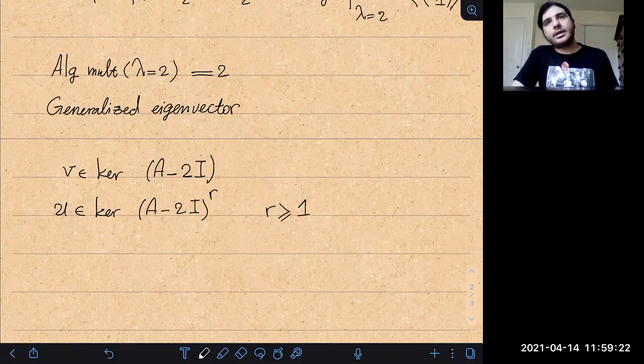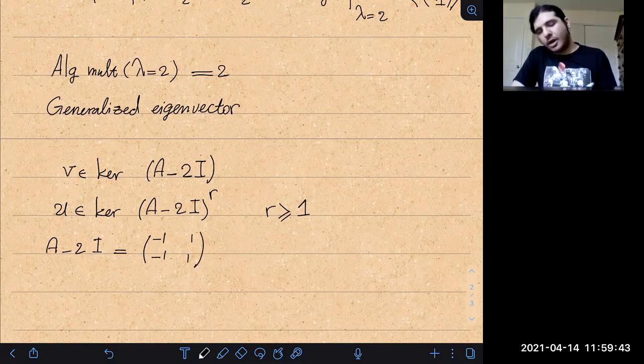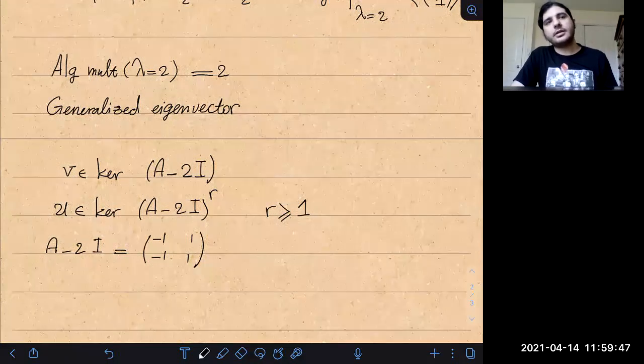So in our case, A minus 2I is equal to the matrix minus 1, 1, minus 1, 1, right? Now, we found that the vector 1, 1 is in the kernel of this matrix. So I should look at higher powers.